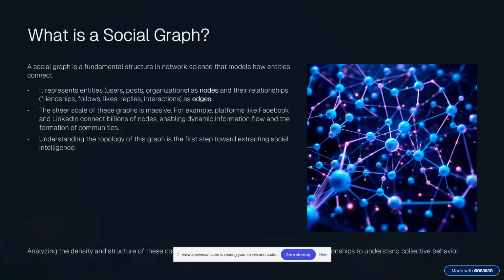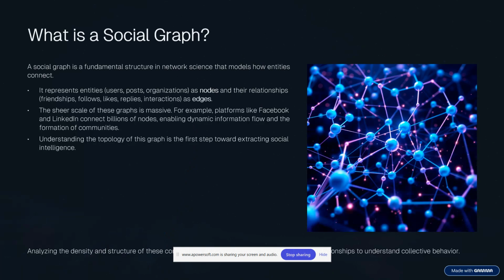What is a social graph? A social graph is a fundamental structure in network science that models how entities connect. It represents entities, user, post, organization, as nodes, and their relationship, friendship, follows, likes, replies, interaction, as edges.